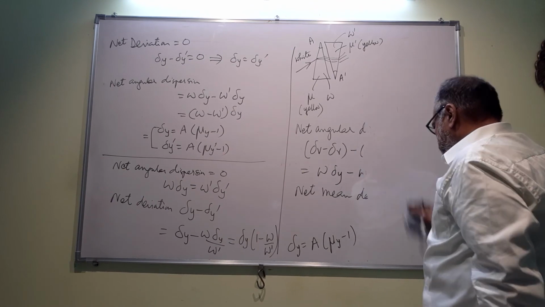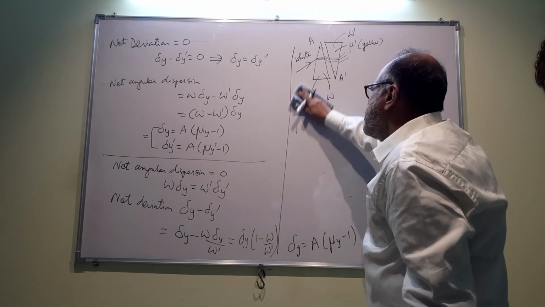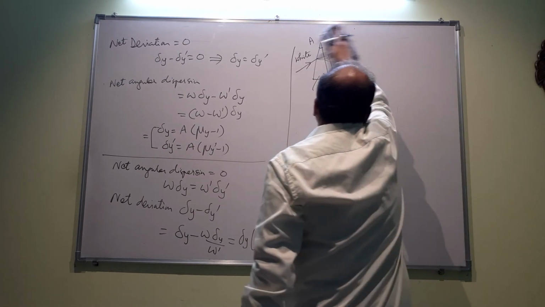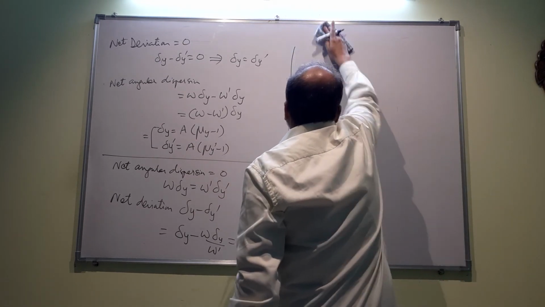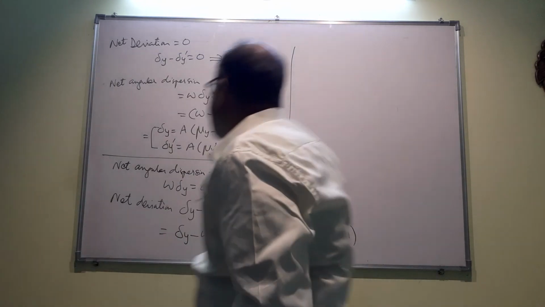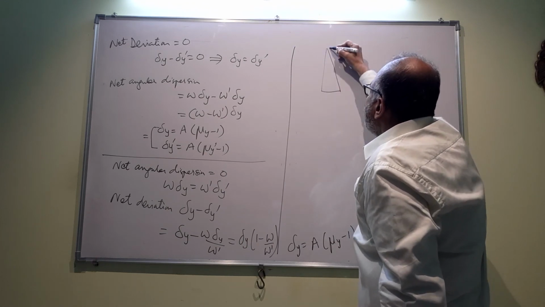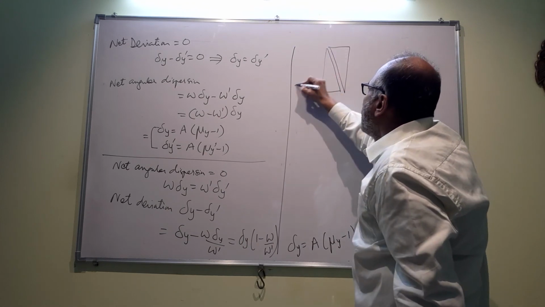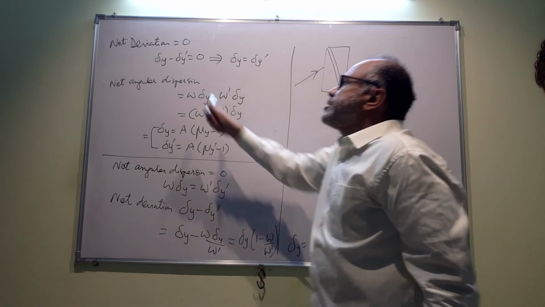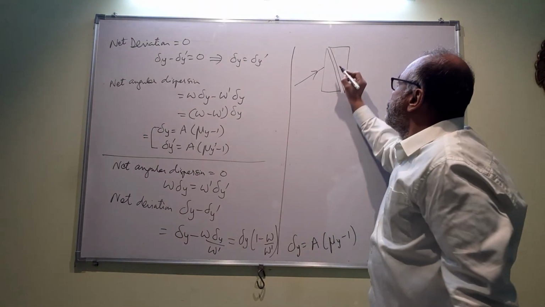What we must understand is diagrammatically what this means. Let's understand this with a ray diagram. If you have a prism like that and another prism like that, you have white light falling. We are saying net deviation is 0, but there is dispersion.